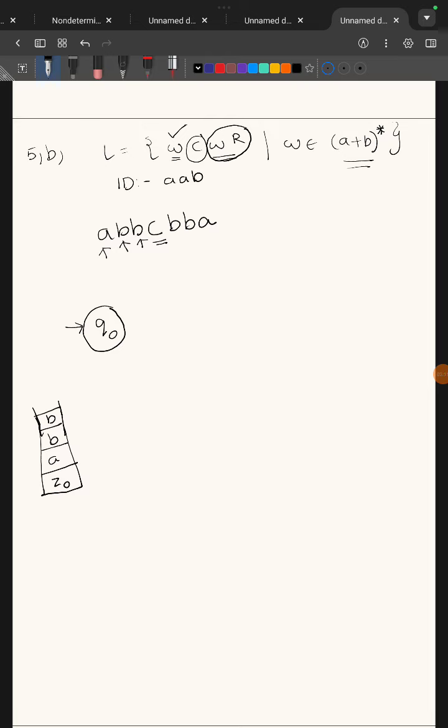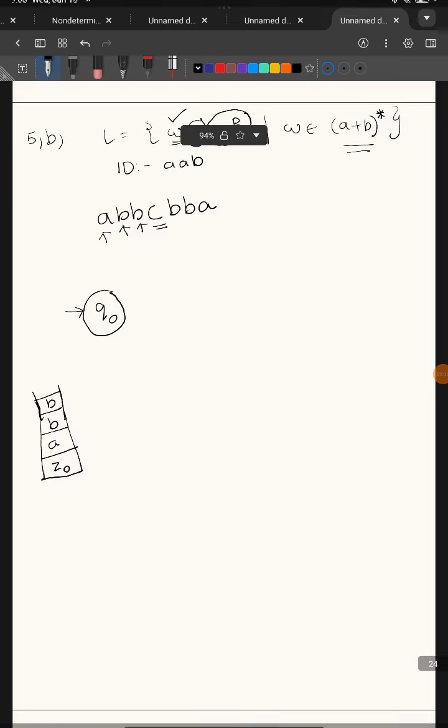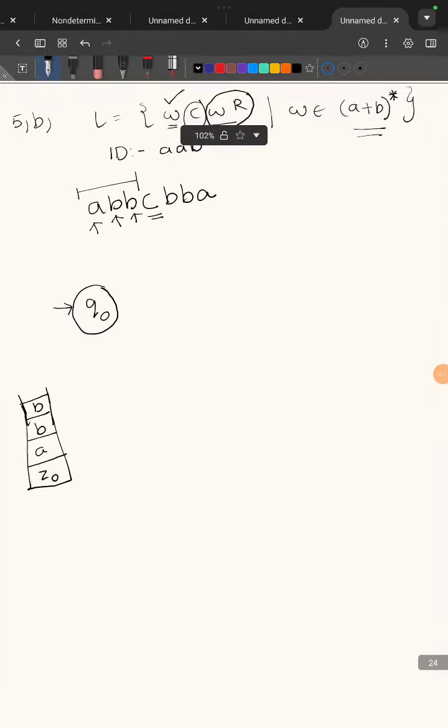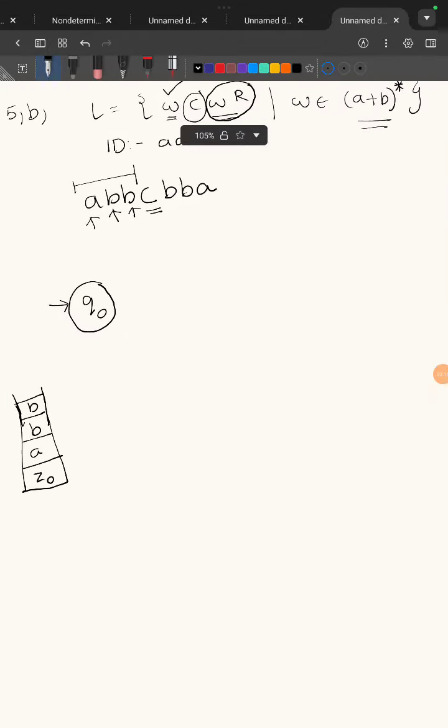The stack remains the same. So far I have done the push operation. Now by checking each symbol with the top of the stack, we will do the pop operation, such that we can determine whether we have seen the reversal string in the given input.